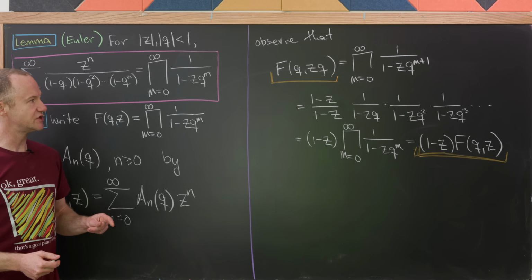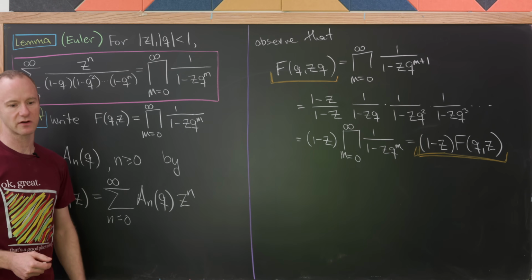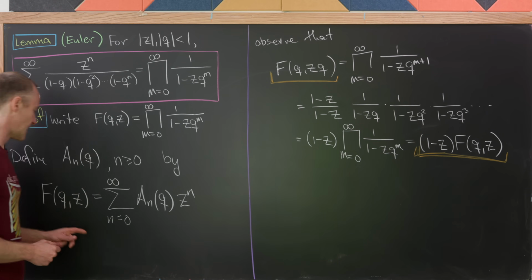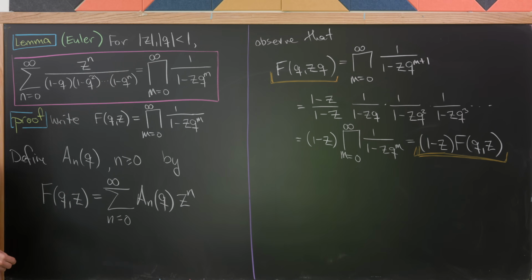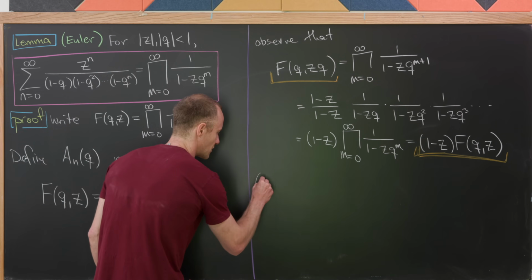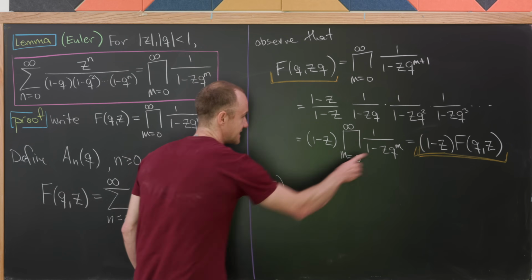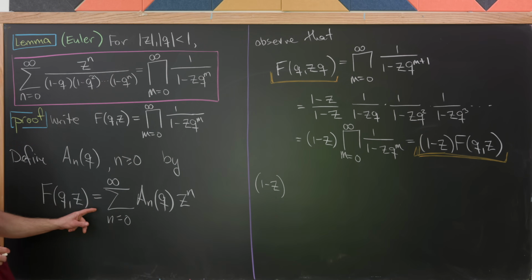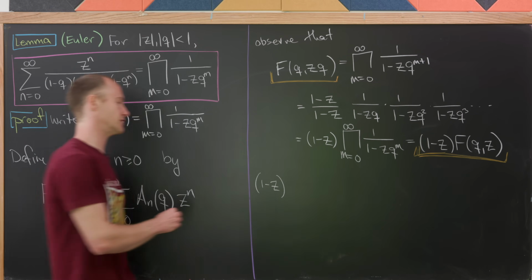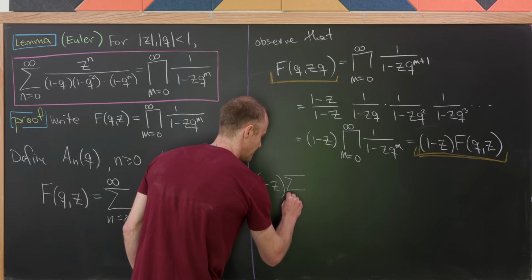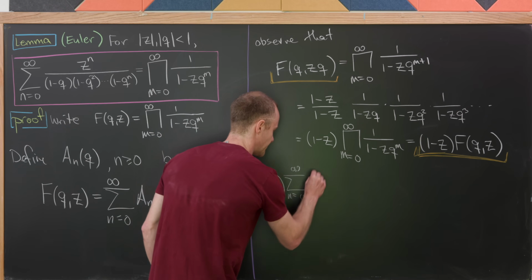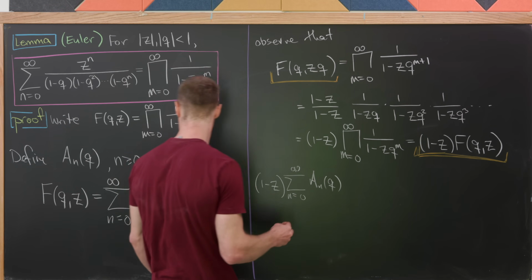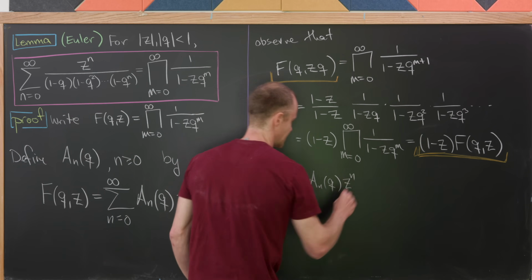But now what I'd like to do is take that orange underlined functional equation that we built and put it in terms of these a sub n of q's. So let's see how that'll go. Let's start with this 1 minus z times our f of q, z, but we'll use this version of our f of q, z expanded with these a sub n of q's. So we've got our sum as n goes from 0 up to infinity, a sub n of q times z to the n.